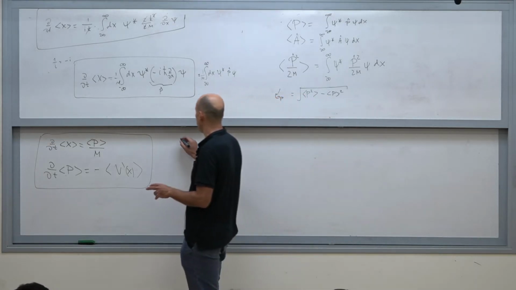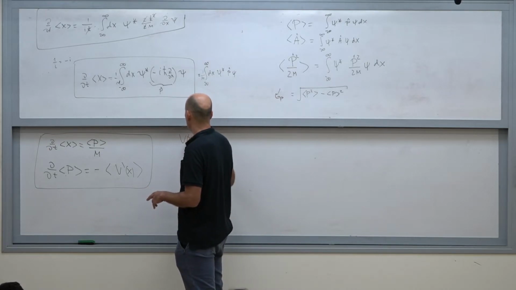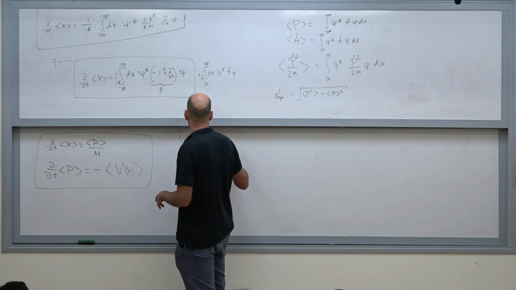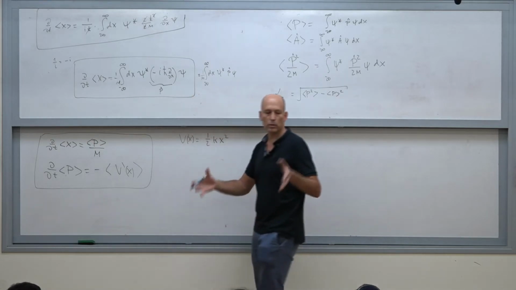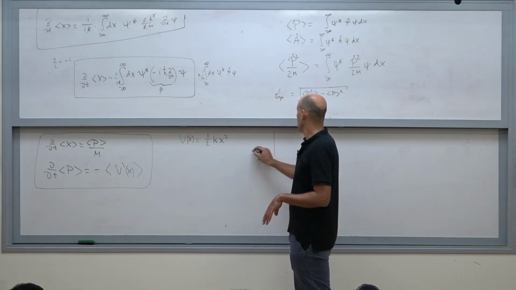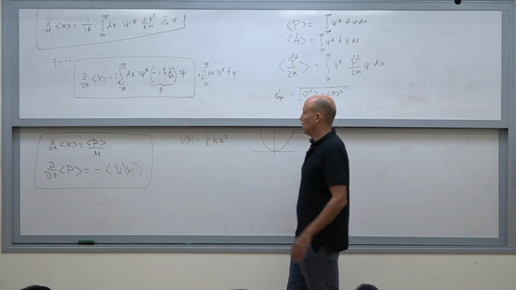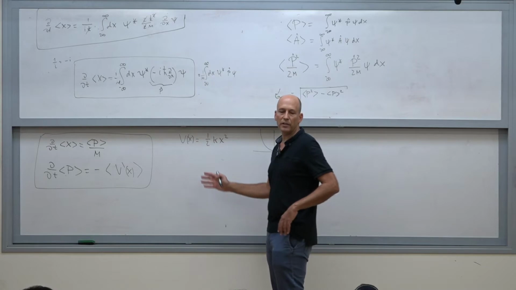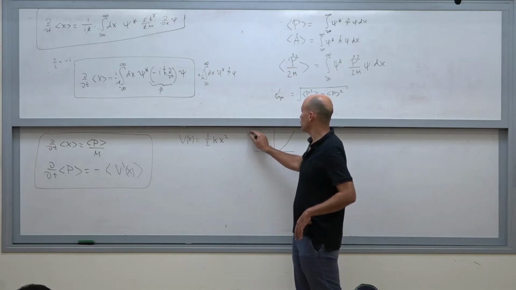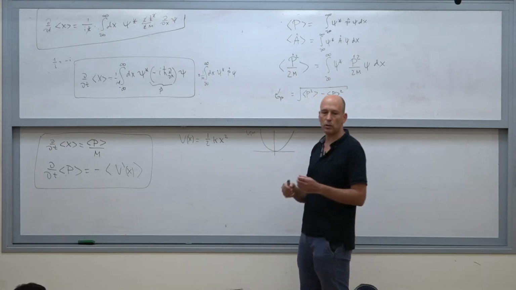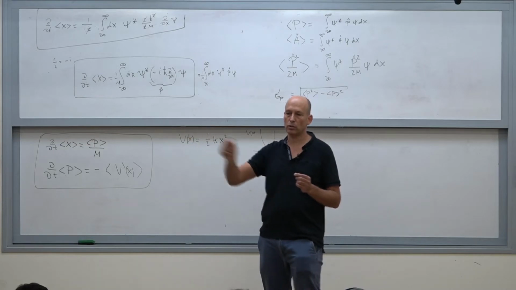Let us assume now a very simple problem that you learned, and that is that the potential is a simple spring. This I call a linear problem. So this is the potential. You know everything about the classical solution that gives you oscillating solutions.